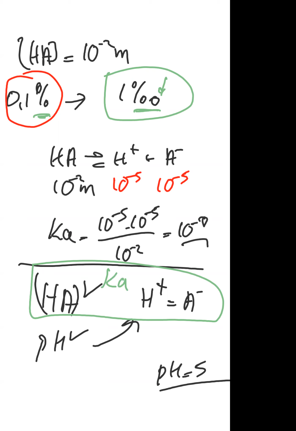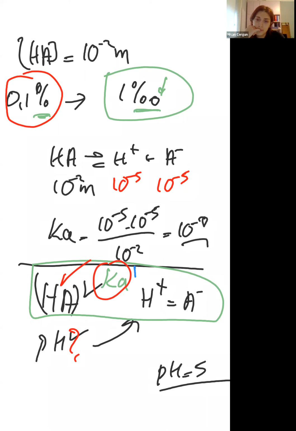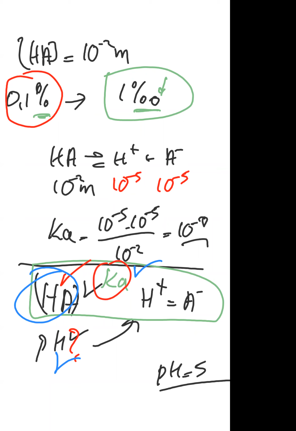Or they will give you Ka and HA, then ask you what the pH is. This is the second way. And for the third way, I believe you get the point. They give you the Ka value and pH and ask what the initial concentration of the acid is.